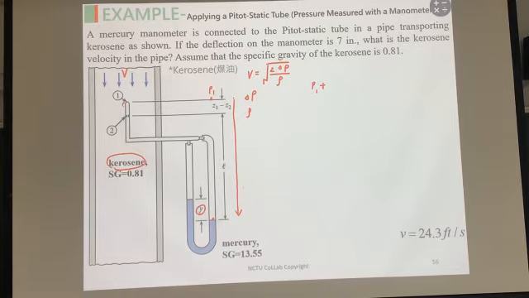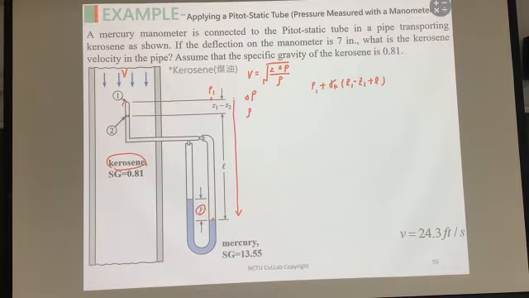Because the elevation decreases, the pressure increases. So in here we have gamma K, for the kerosene, times D1 minus D2 plus L. Because the total length, and because the elevation decreases, the pressure increases, so I use the plus in here.